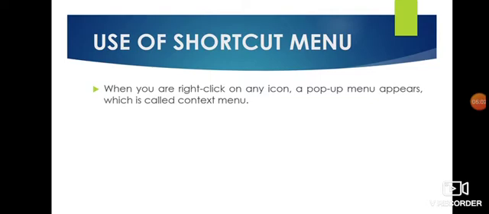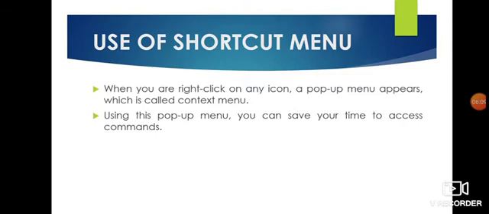That menu is called the context menu as well as the shortcut menu. Using this pop-up menu, you can save your time to access commands. There are some shortcut commands through which you can directly go to that window. The context menu is also called the shortcut menu.